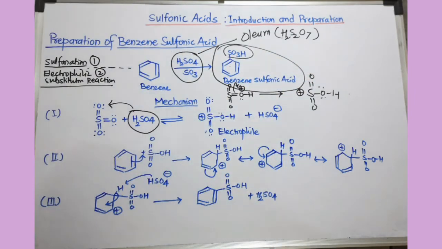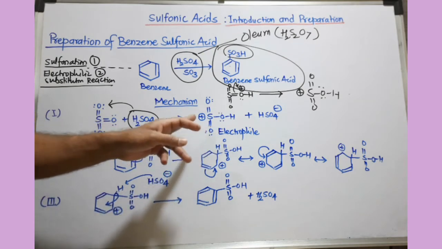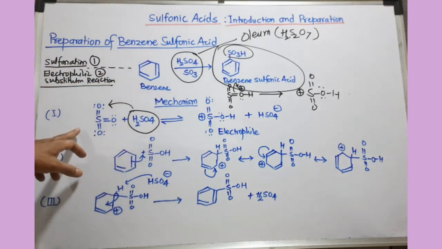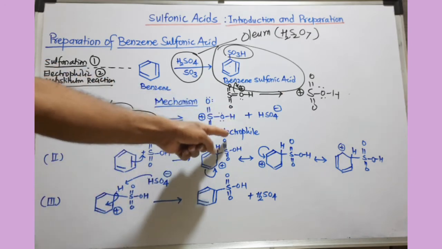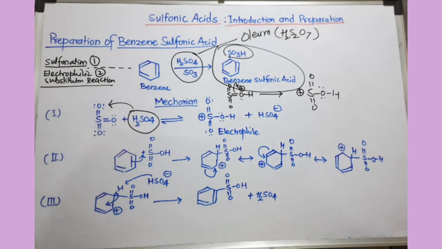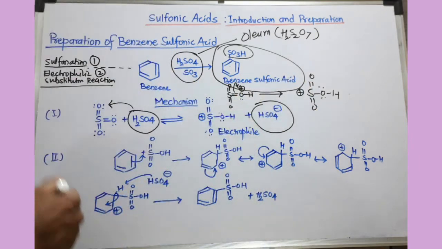So I have written here this intermediate electrophile form after the acid-base reaction between SO3, sulfur trioxide, and H2SO4. So this electrophile is generated, and one proton is donated from this H2SO4, we get this anion. So this positive and negative ion pair.